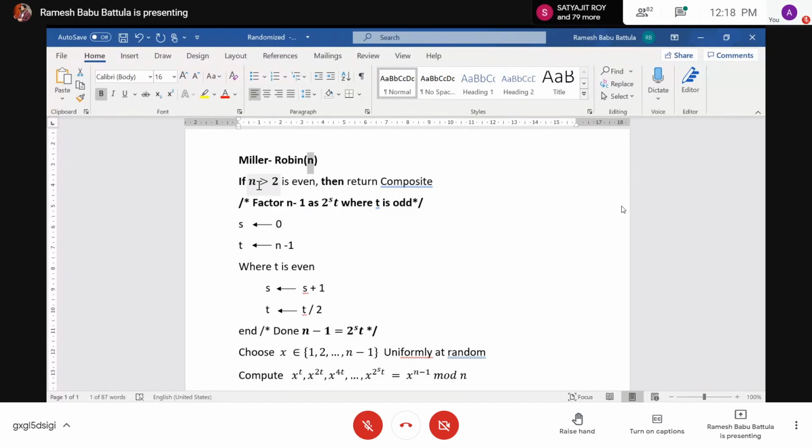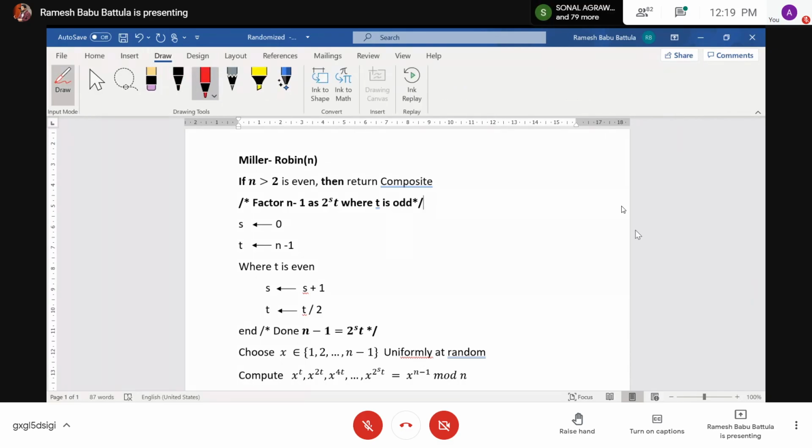You can check any number. Suppose I choose the odd number 3, so my n is equal to 3.